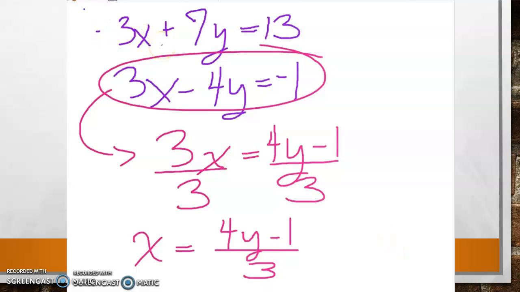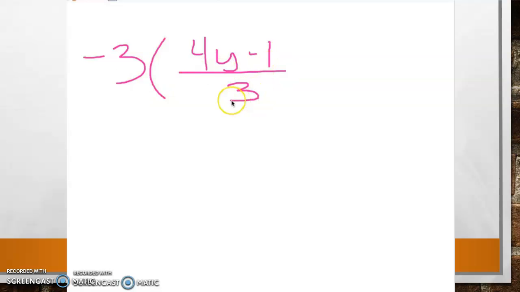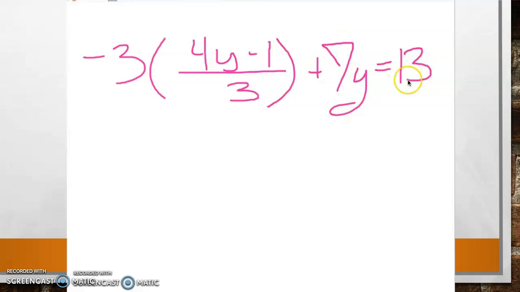And things are going to get a little more interesting from there because we are going to be plugging in that fraction. So we're going to plug that fraction into the first equation, which was negative 3x plus 7y equals 13. We're going to substitute for that x as (4y minus 1) over 3, plus 7y, and that whole thing equals 13.